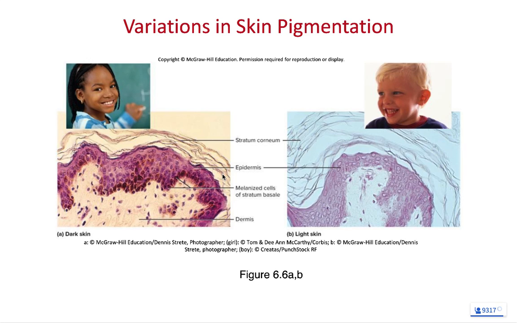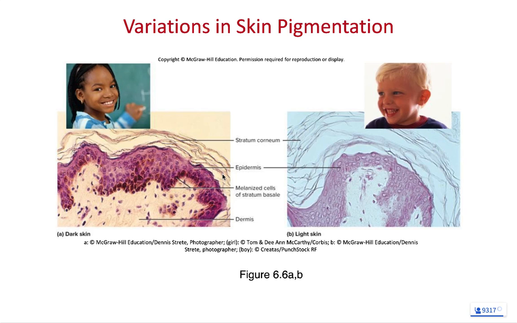And as we're looking at the difference between someone with dark skin and someone with fair skin, all of those color differences within the skin are going to be primarily concentrated within the stratum basale of the epidermis. So within lab, we had the slides labeled person of color.